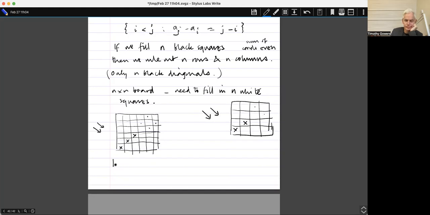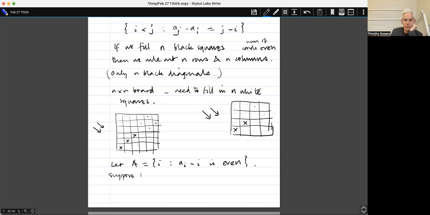So let something like A equal the set of i such that a_i minus i is even, and suppose that the size of A is greater than or equal to n.